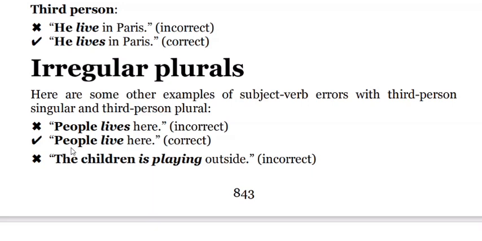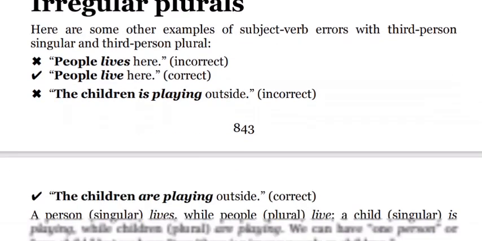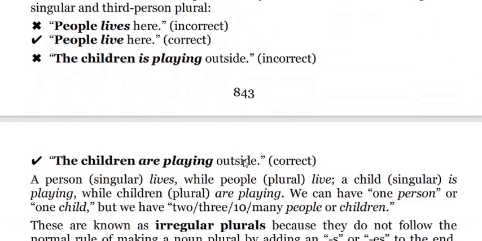The children is playing outside. Incorrect, because child is singular. The children are playing outside. Children represent a plural noun. Child is singular. So a person, singular, lives while people live. A child is singular, playing, while children, plural, are playing.